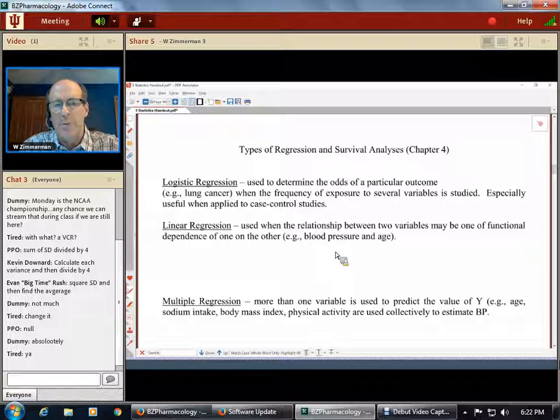This is about as complicated a discussion as we want to get into about types of regression. They're incredibly useful. You're going to see an interesting example in a couple of pages. But you can get lost with a true mathematician teaching you, and it's like, what is it you need? When we talk about logistic regression, for example, we're using it to determine the odds of a particular outcome. So think of this as an extension of an odds ratio.